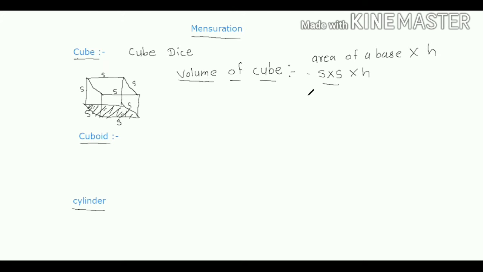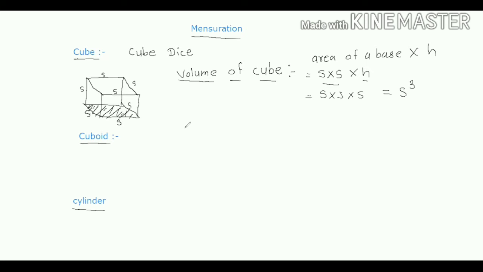This is the formula for the volume of a cube. Height is the same as the side, because all sides of the cube are the same. So we write s into s into s, which is s cubed.